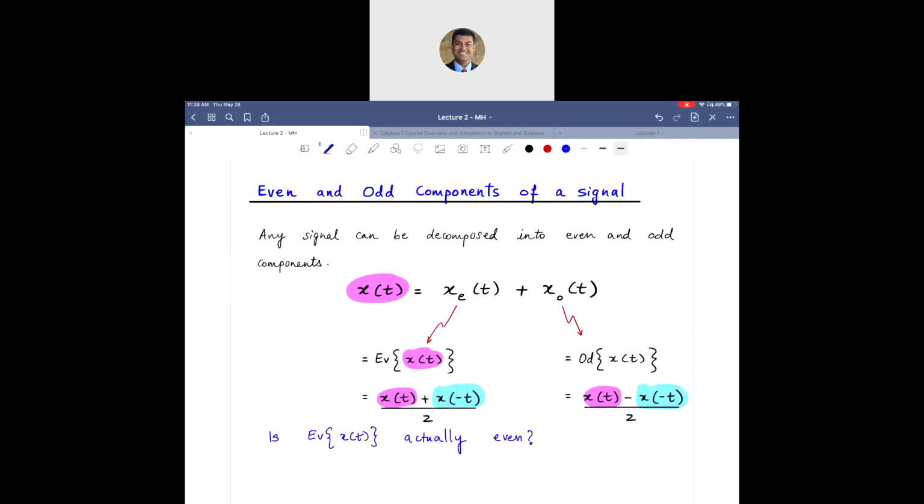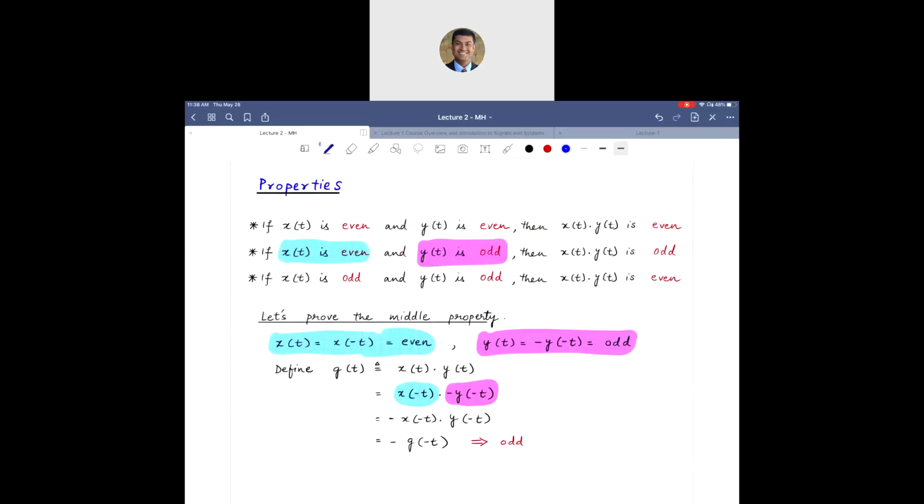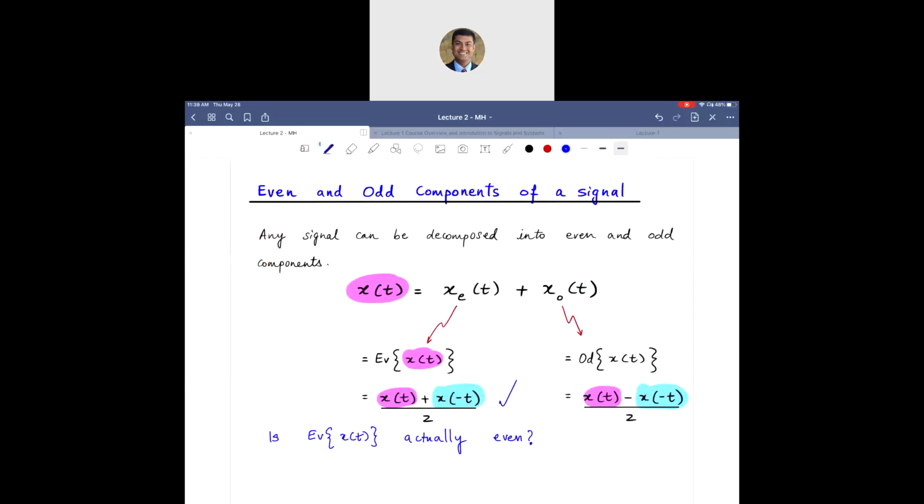Right, so you can look at the even part, which is right here, and to verify whether it is even or not, you can apply the property of it being even and check whether you get back the original signal. So similar steps, very similar steps. You're substituting x of t and x of minus t interchangeably and then verifying the property.